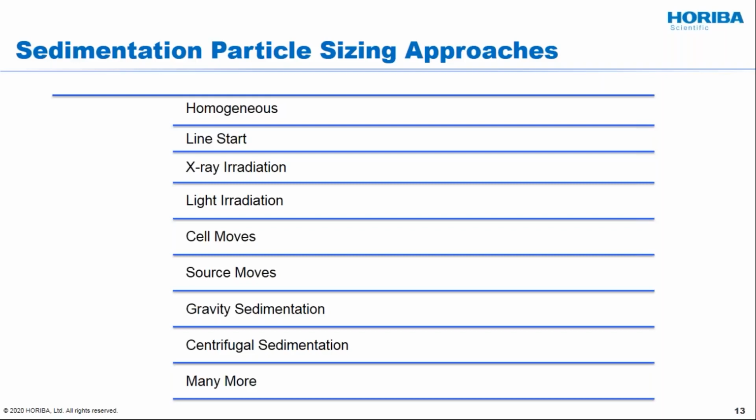It takes you some time to understand all the things that are being done. I want particle sizing, I want sedimentation. Okay, now how do I want to do it? Gravity or centrifugal, light or X-ray, and so forth. So just again, giving you a little bit of a flavor for what you're going to be confronted with when you actually go ahead to do your analysis of your actual particles.